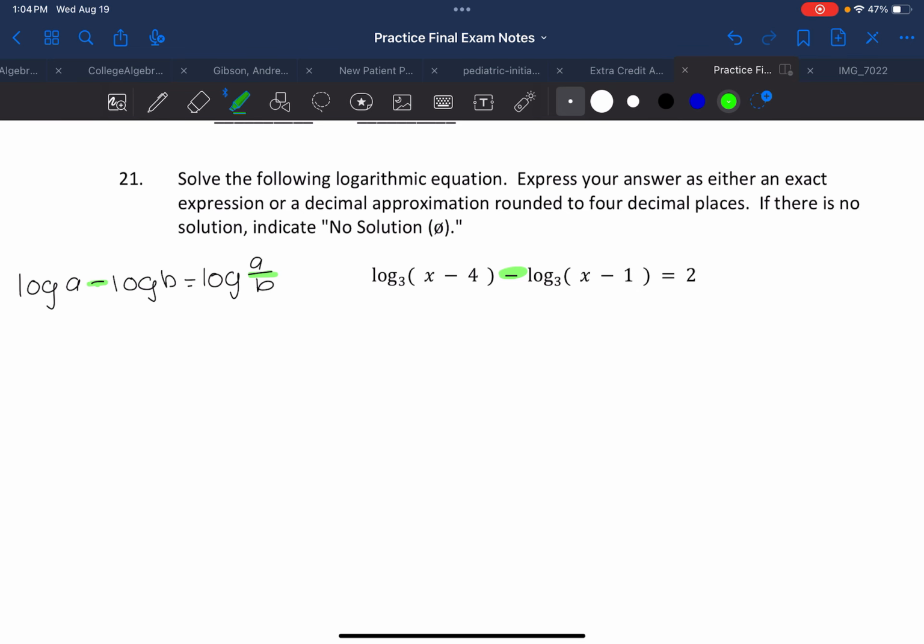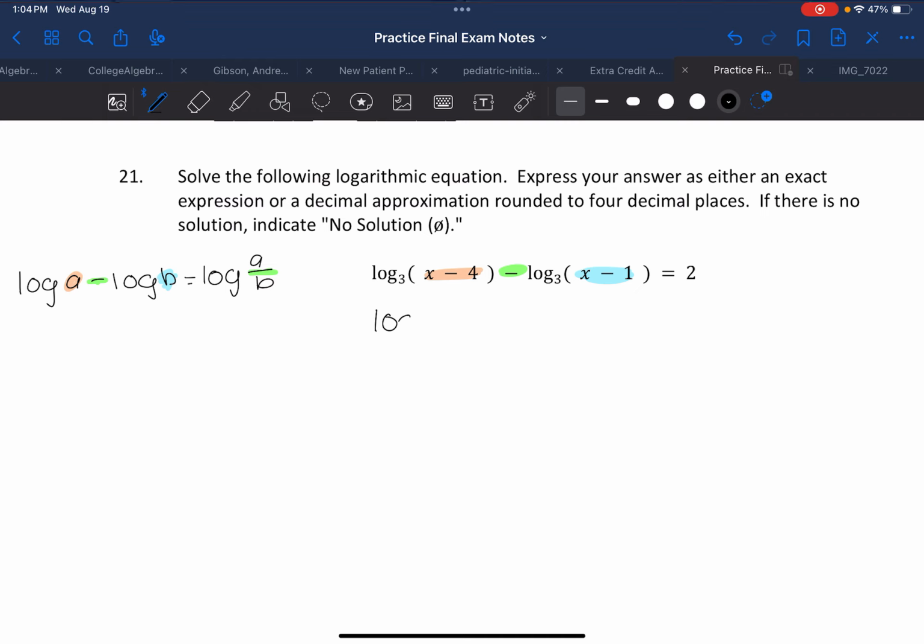And in this case, everything inside the first log, which is x minus 4, all of that will be my A. And everything in the second log, x minus 1, will be my B. So this will become log base 3. Make sure you keep your base here, because technically there could be a base in these. They have to be the same in order to use this.